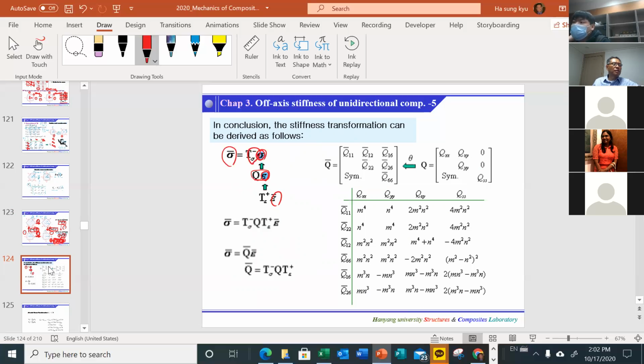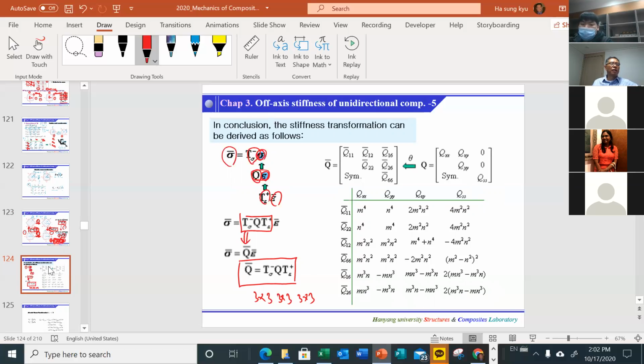So multiply this, that, and we will have this, and that is represented by the ABD stiffness. So the stiffness will be given like that. We have a 3x3 matrix, and also a 3x3 matrix, and also a 3x3 matrix. We consecutively multiply, and as a result we will have these relations.